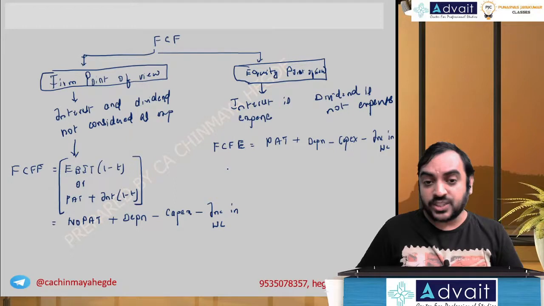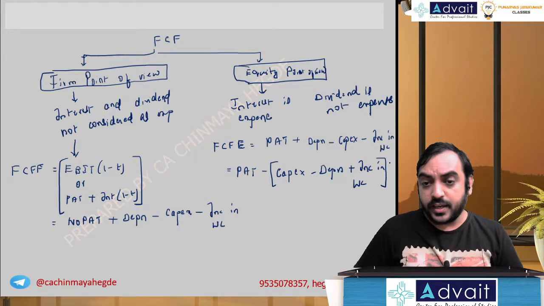Or if I take minus common, some people also do that. If I take minus common, how does it look? Capex will be positive, increase in working capital will be positive, or capex minus depreciation. Some people call it net capex also. Capex minus depreciation, because I'm taking minus common, plus increase in working capital, multiplied by debt plus equity.